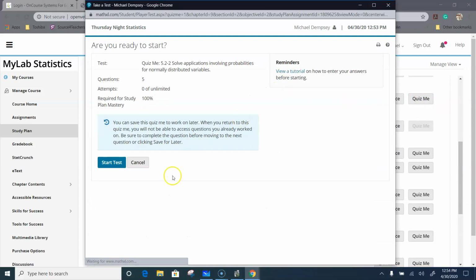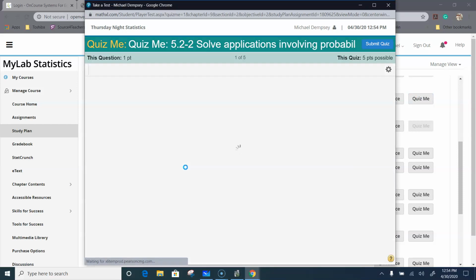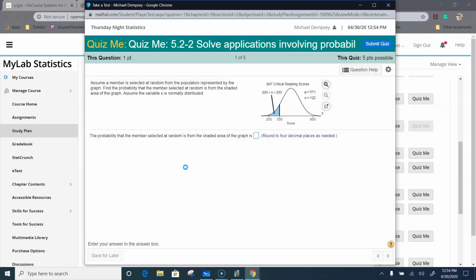Probabilities. Okay, so now they give us a picture, but we're doing the same thing, right? My lower limit's 200, upper limit's 350, and then here's my mean and my standard deviation.